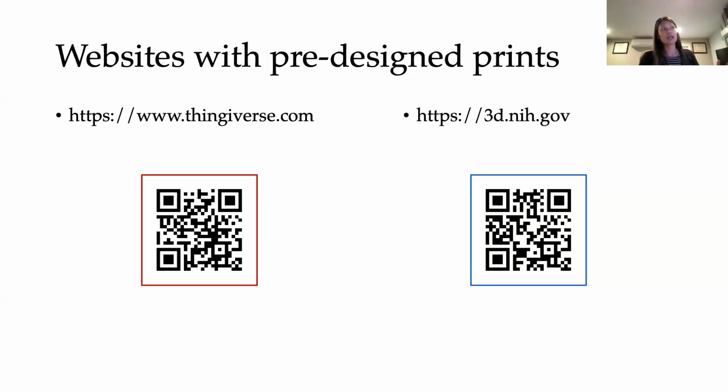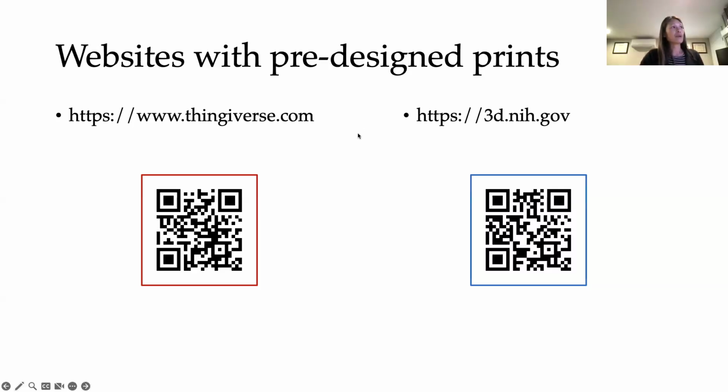We can use these free models to print them and use them in the classroom. If we want to get a little more detailed and in depth, we can go to the NIH. They also have a 3D model repository where things like proteins can be downloaded and also printed.